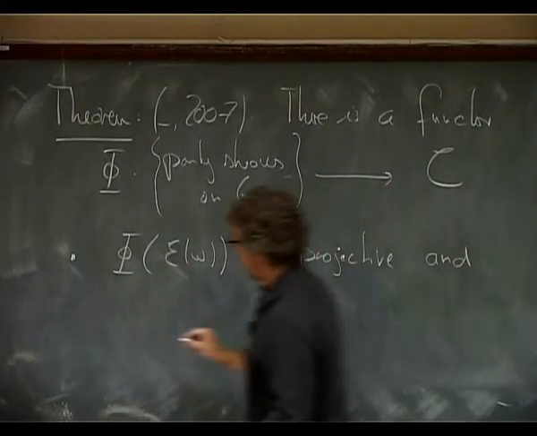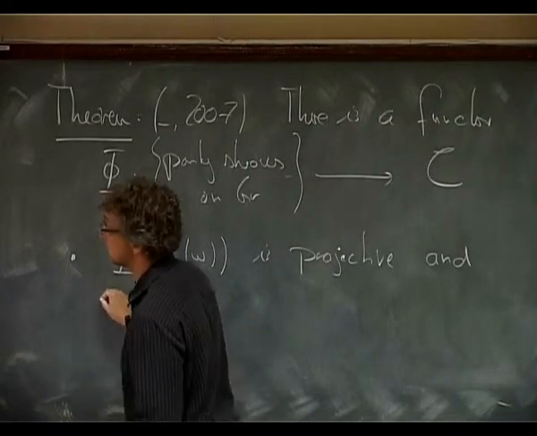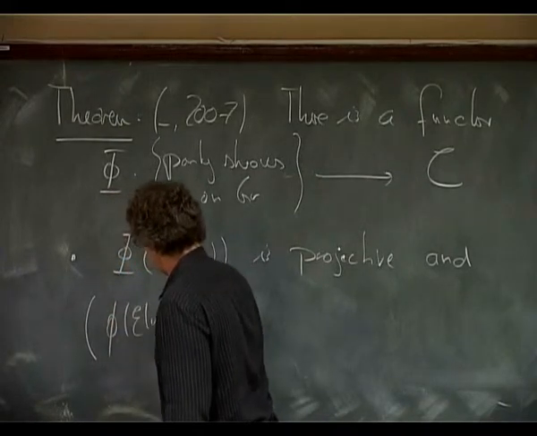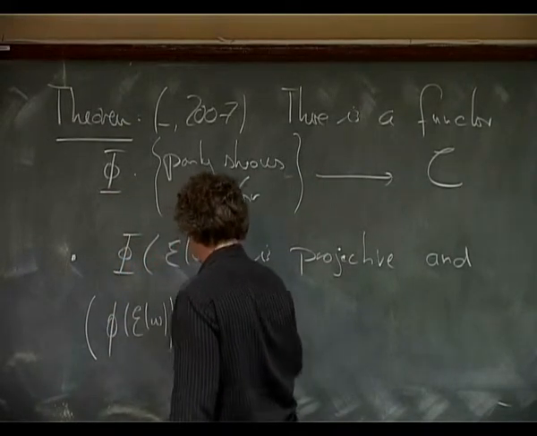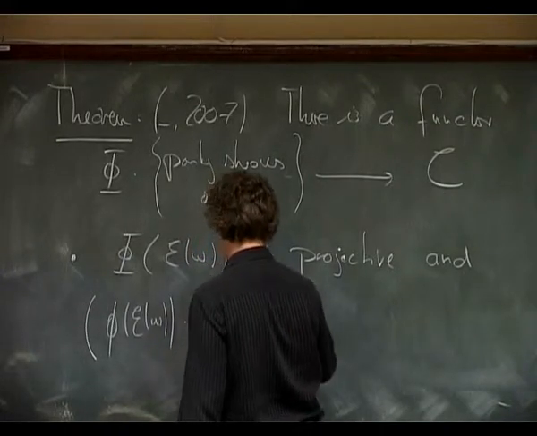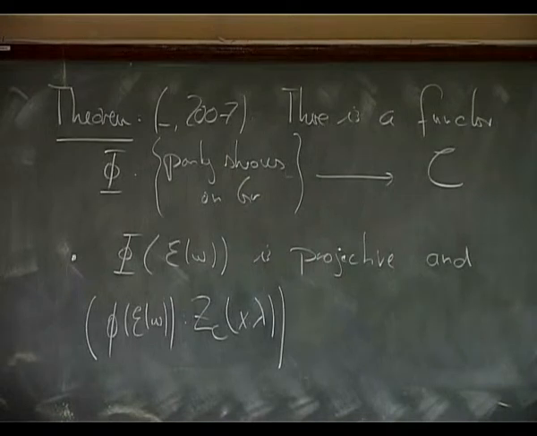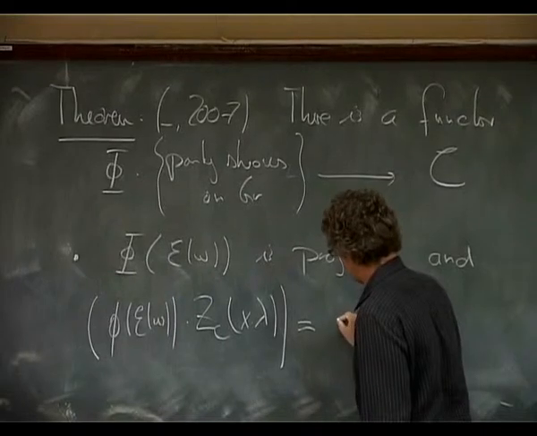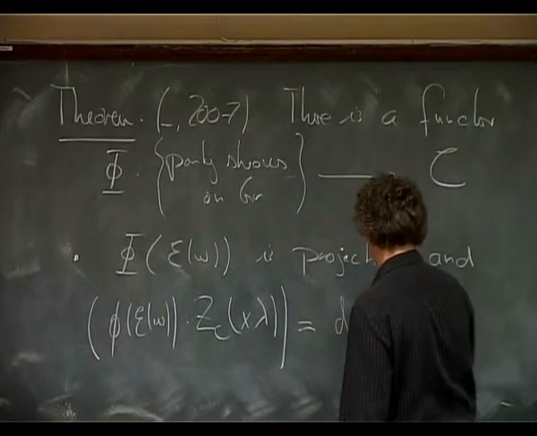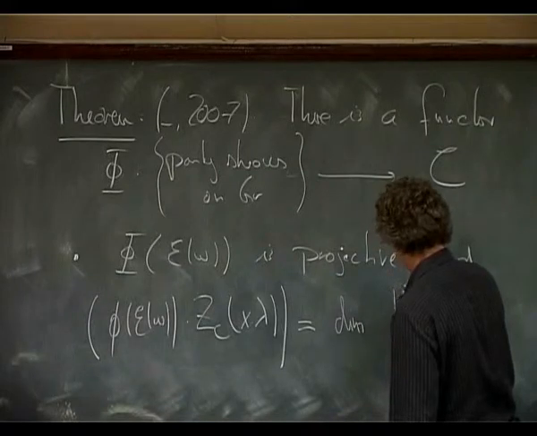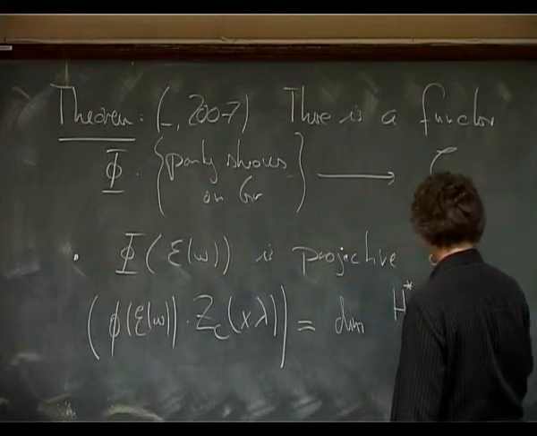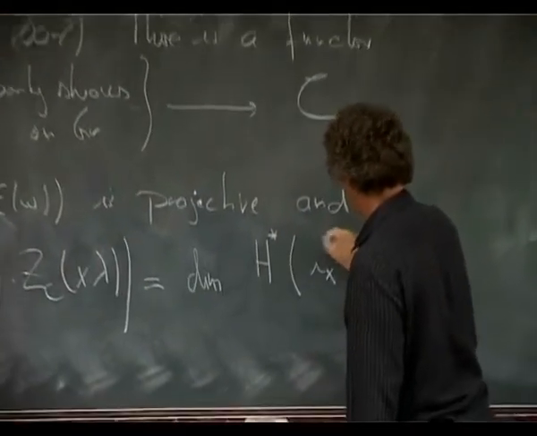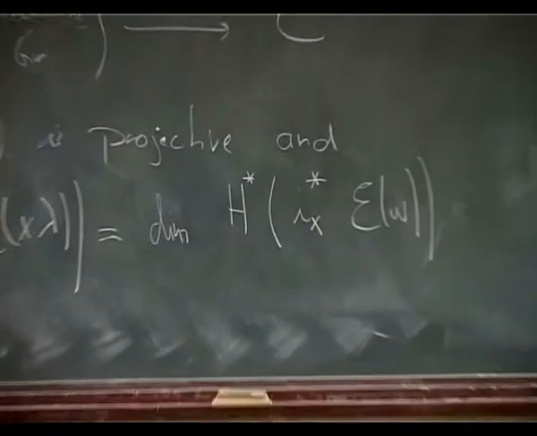And this is projective, and the important thing is that this projective will have a flag, and phi of E_w, if you want to know how often x dot lambda appears in a Verma flag of this projective, this is the same as the dimension, say, of the local cohomology of E_w when you just pull it back on the stratum.